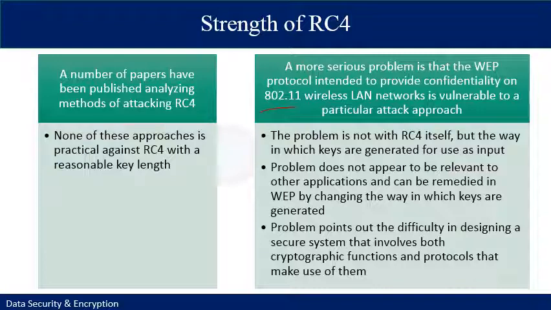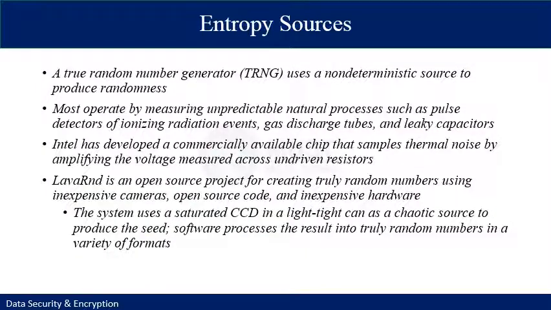This problem points out the difficulty in designing a secure system that involves both cryptographic functions and protocols that make use of them. Another important consideration is the generation of true random numbers, and the sources from which you generate them are referred to as entropy sources.